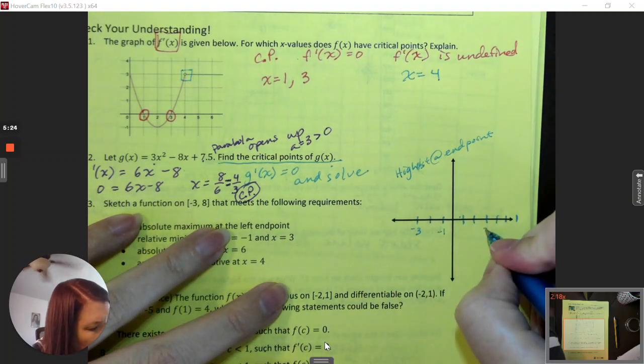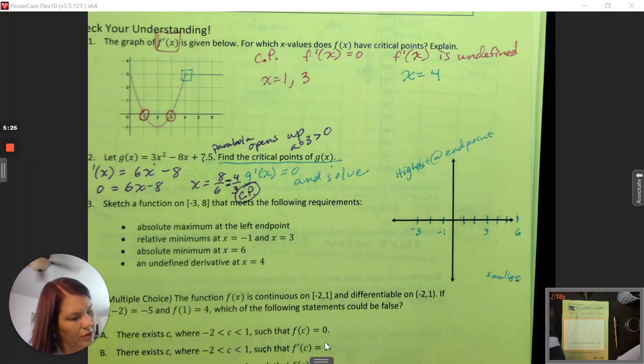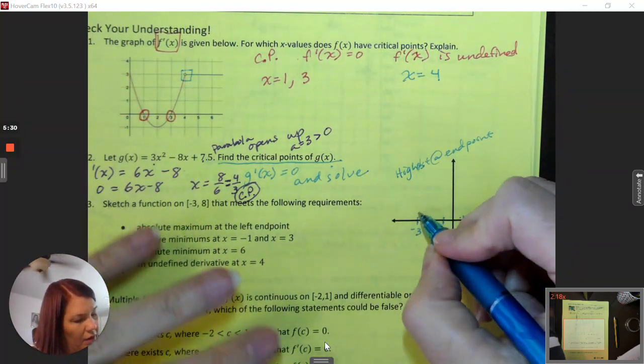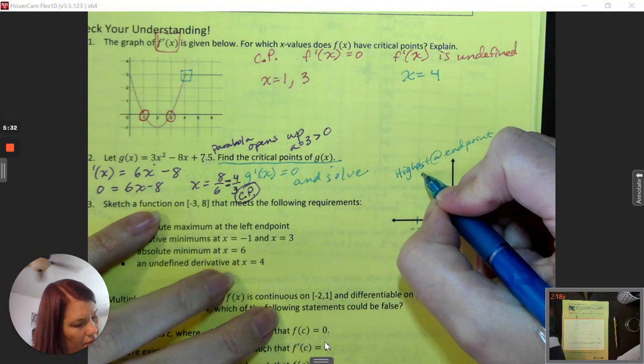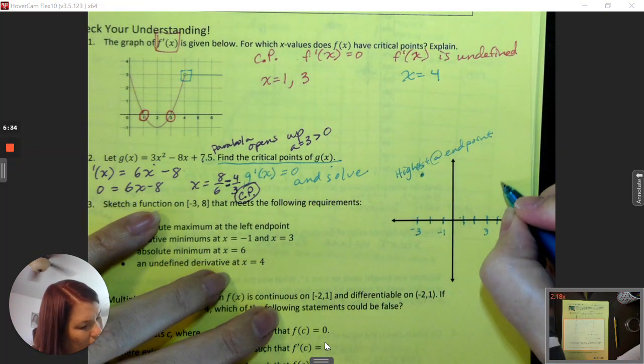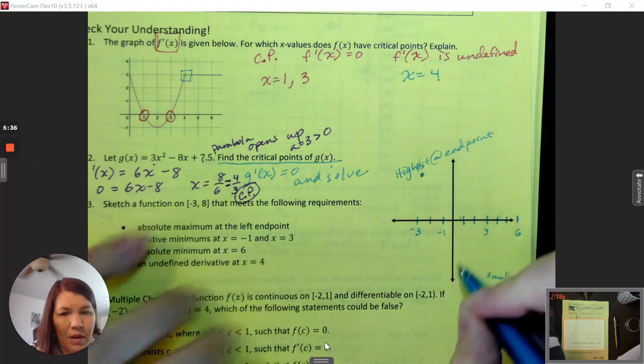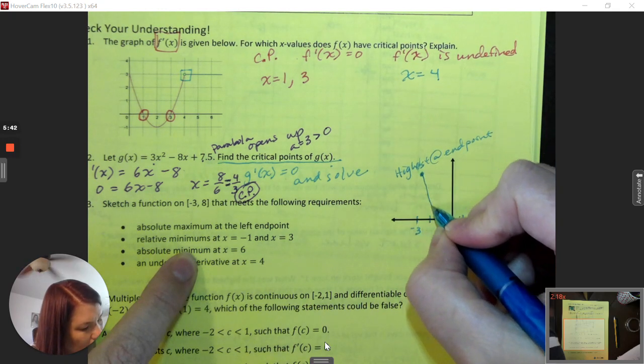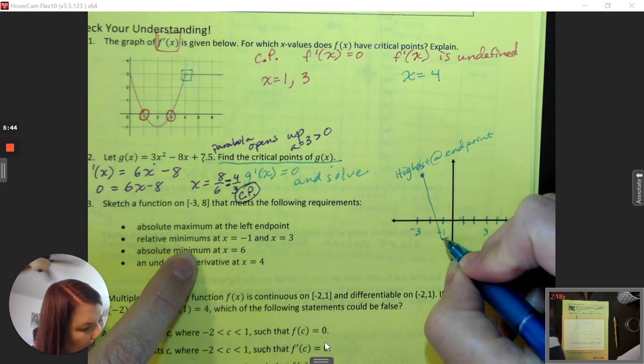-1 was important, 3 was important, and 6 was important. Highest at the right end, left endpoint, so up here. Undefined at 4, and then relative mins at -1. So let's go down, turn up.